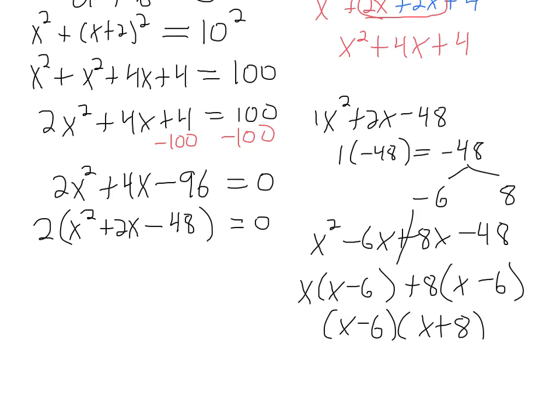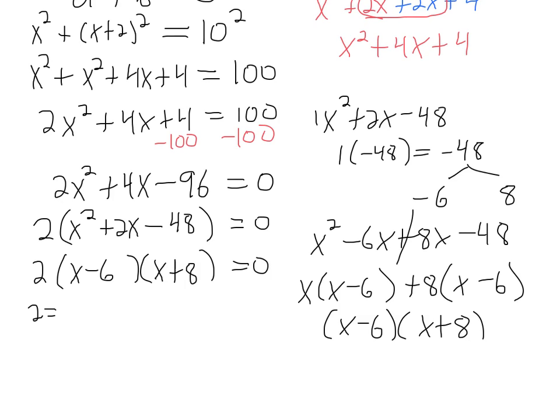Okay, so back to our problem. We have the 2, and we can now replace our x squared plus 2x minus 48 with (x minus 6)(x plus 8) equals 0. Alright, there are 3 factors, the 2, the binomial x minus 6, and the binomial x plus 8. And the product is 0, so one of these has to be 0.